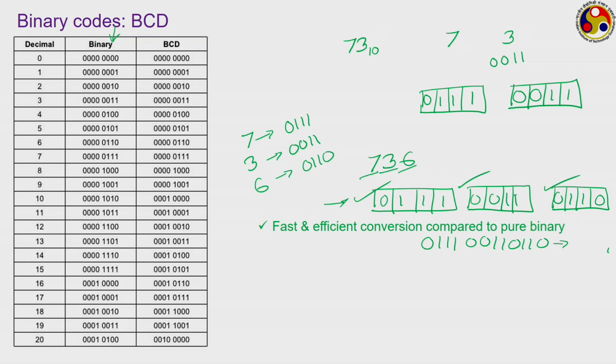This method of storing binary digits in BCD format is a quite fast and efficient conversion compared to pure binary conversion, because in pure binary conversion you have to go through a series of operations, but here we are dealing with only a few standard digits, 0 to 9, and we know their binary equivalents.